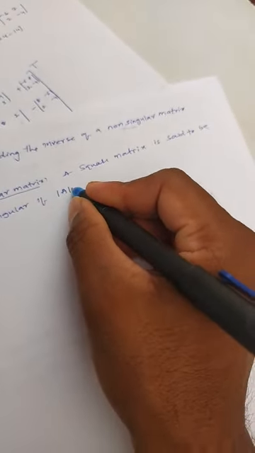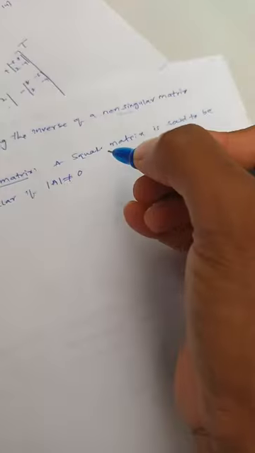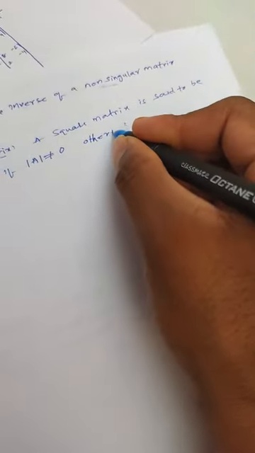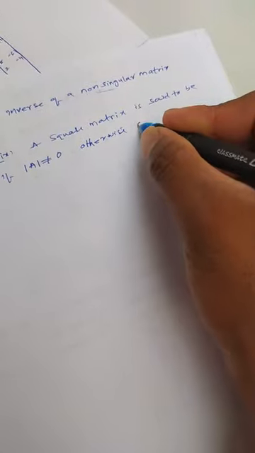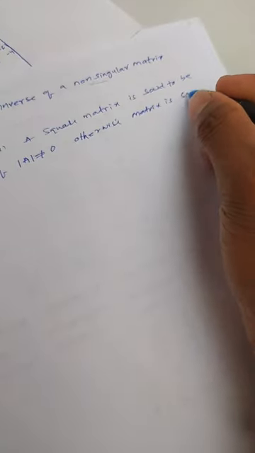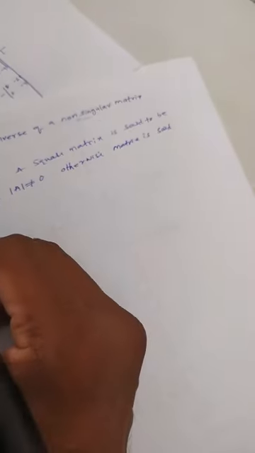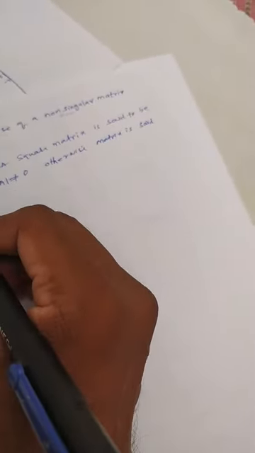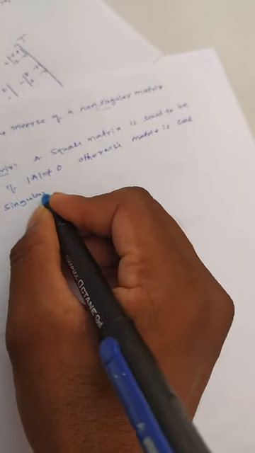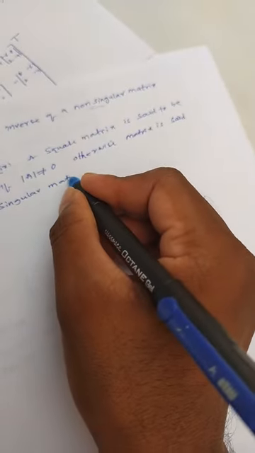A square matrix is said to be non-singular if its determinant is non-zero. Otherwise, if the determinant is 0, the matrix is said to be a singular matrix.